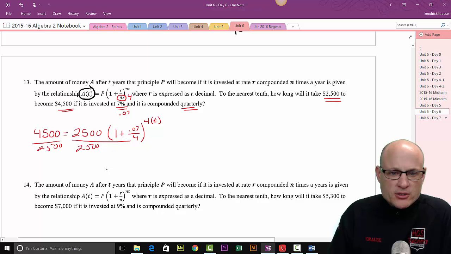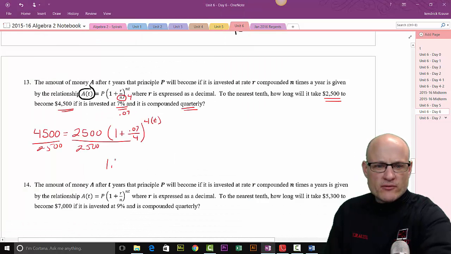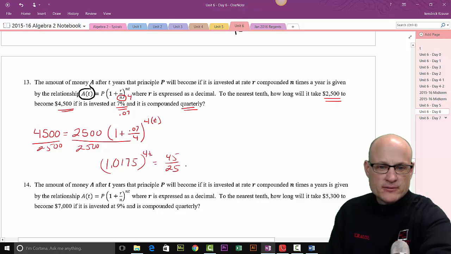So I get 1.0175 raised to the 4t is equal to 45 over 25.